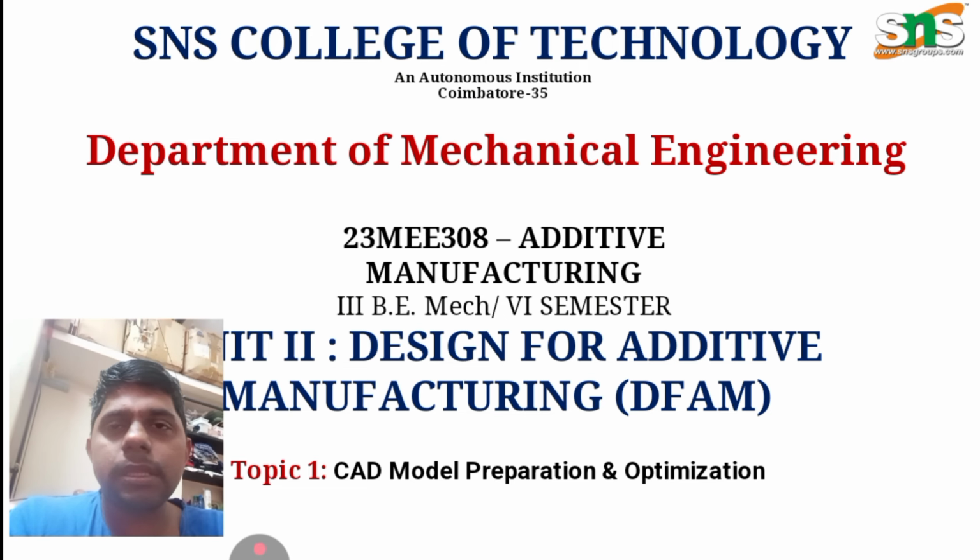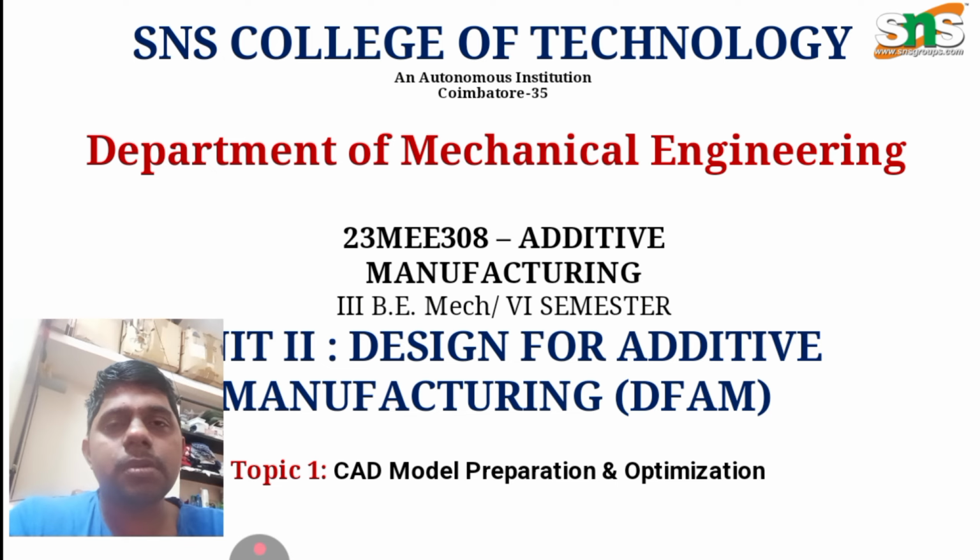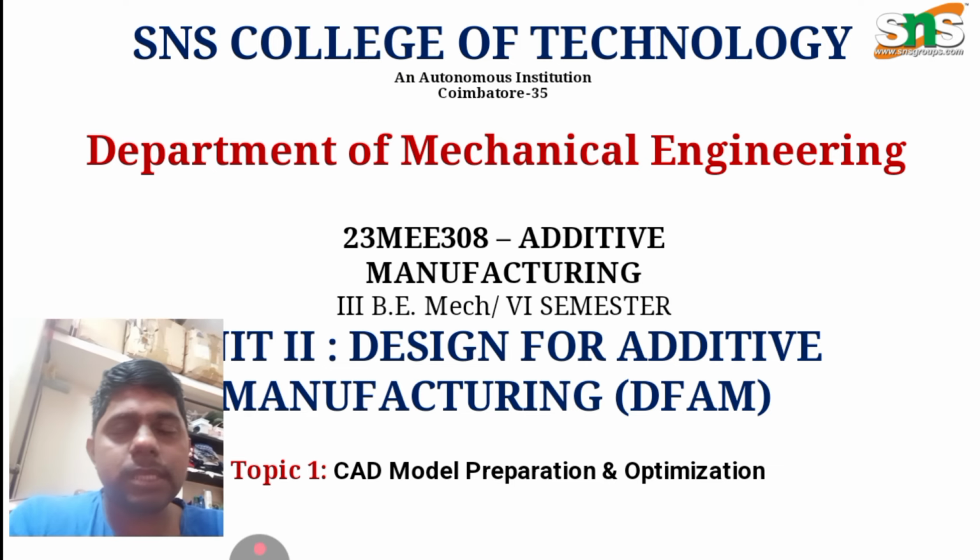It is not machining operations; it is layer by layer manufacturing, and we studied how each layer is manufactured. So that is the primary of additive manufacturing, as I discussed earlier.